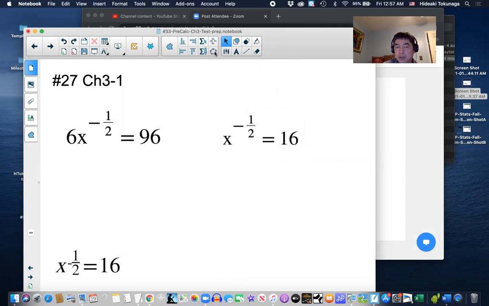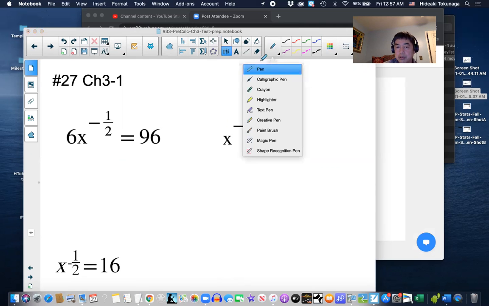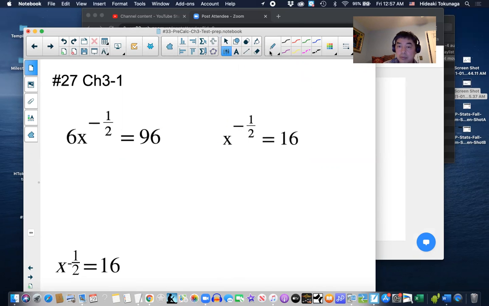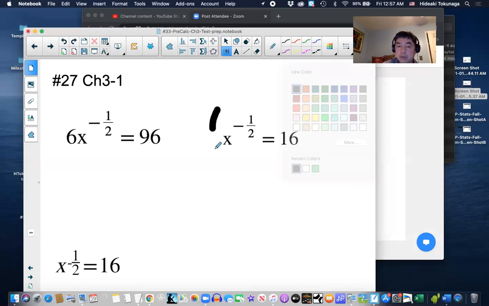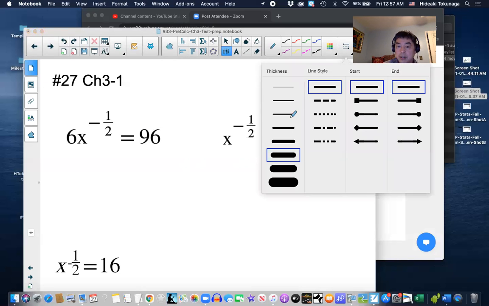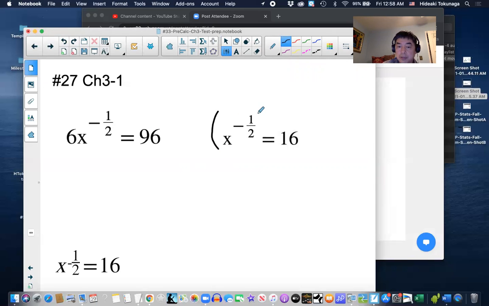So what I can think about is you can use a pen tool to write this. Oh, sorry. It's thinner. Okay. Negative second power. If you do negative second power, you have to do exactly the same thing as negative second power here.